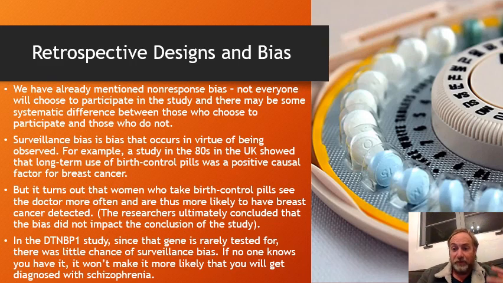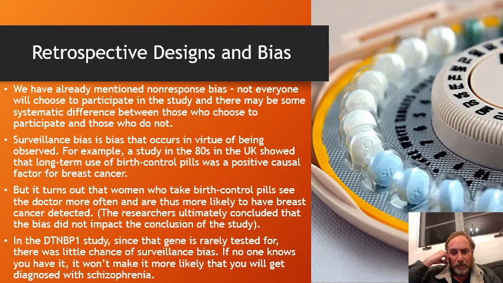That's how you got prescribed birth control pills at the time, from your doctor. If you go to the doctor more, you're more likely to have your breast cancer detected, just because you're a person who is on top of your healthcare. Ultimately, they decided that bias didn't impact the conclusion of the study, but it's the sort of thing you have to look out for, right?